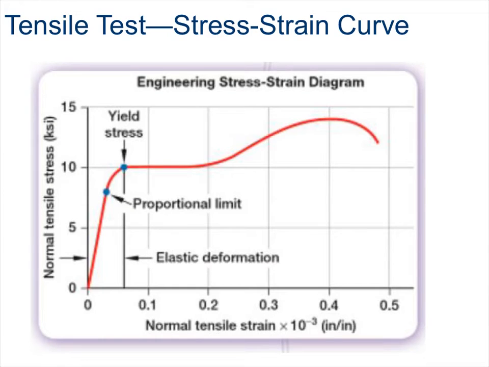As a material is loaded in tension, it will exhibit a buildup of stress accompanied by an increase in strain. At the early stages of this loading process, a material will experience elastic deformation. Elastic deformation is the change in size or shape of an object under an applied load from which the object will return to its original dimensions when unloaded.